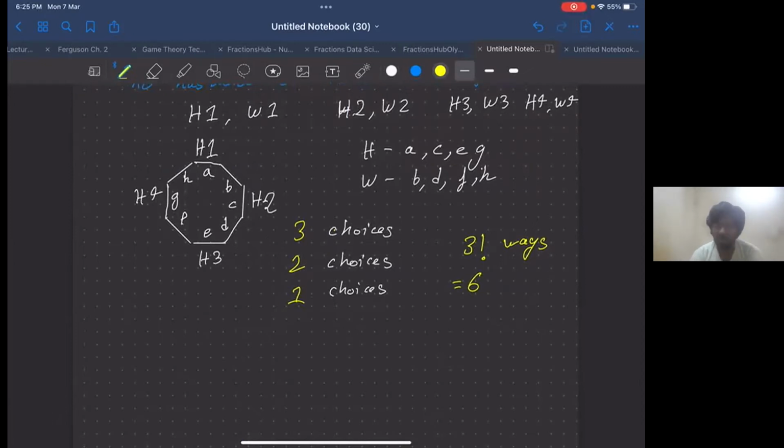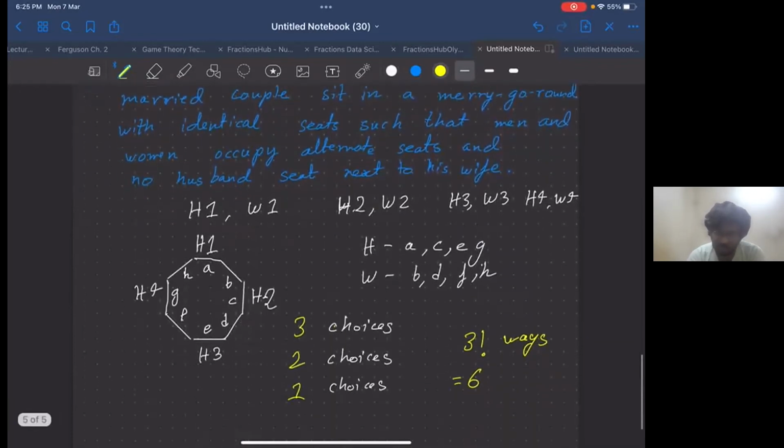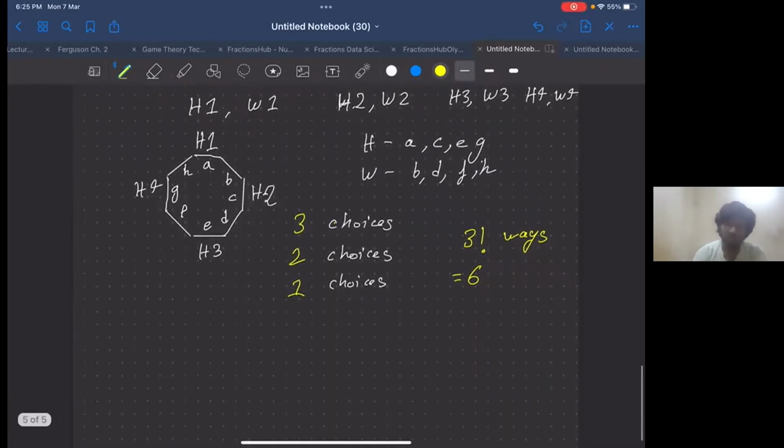Now comes the time to place the wives. Now we know the husband doesn't sit next to their wife. So H1 will not be seated next to his wife.